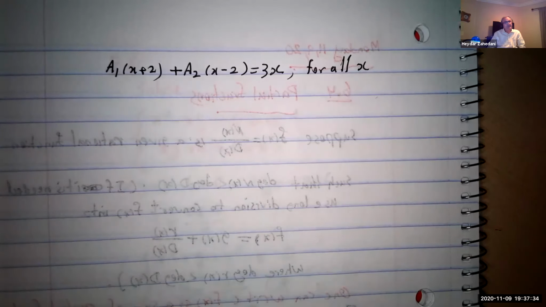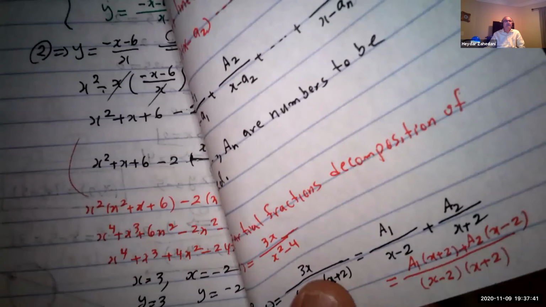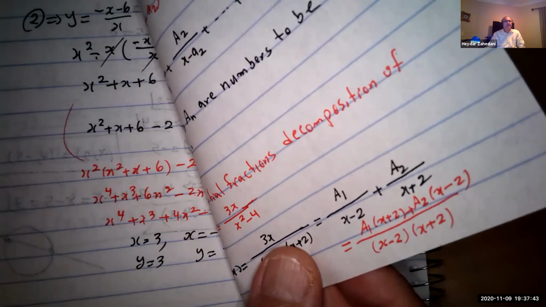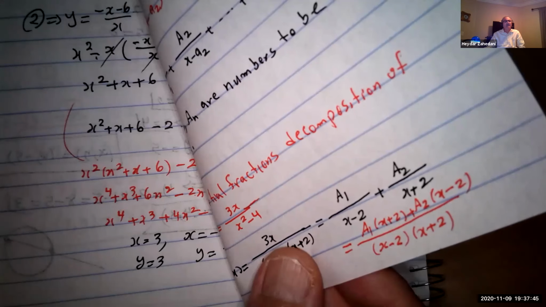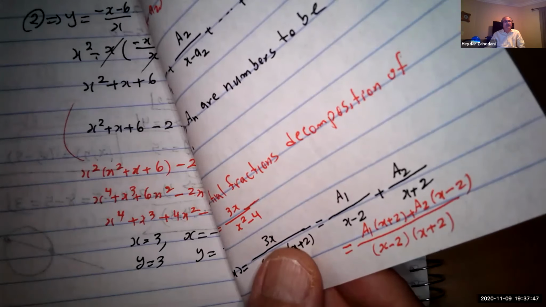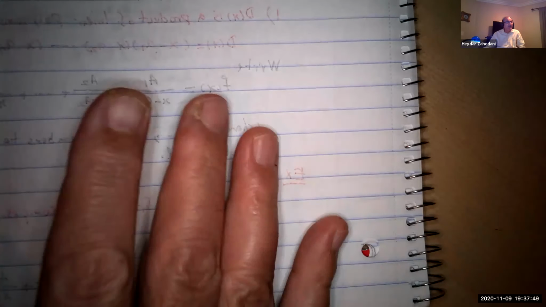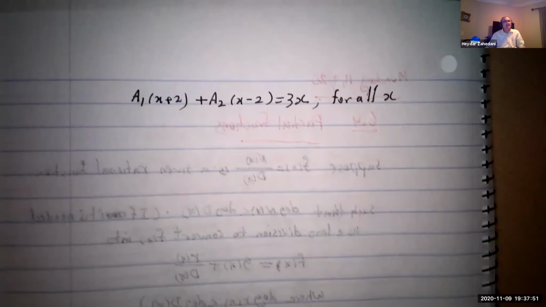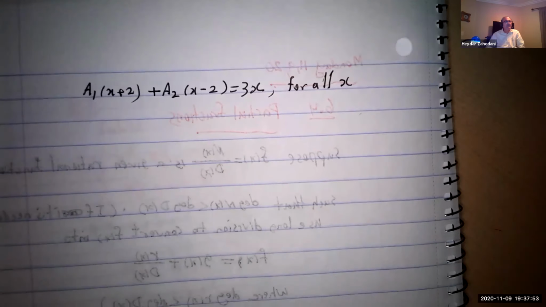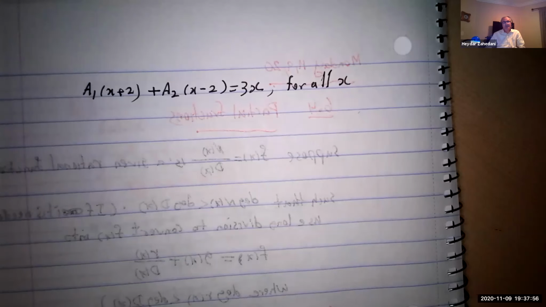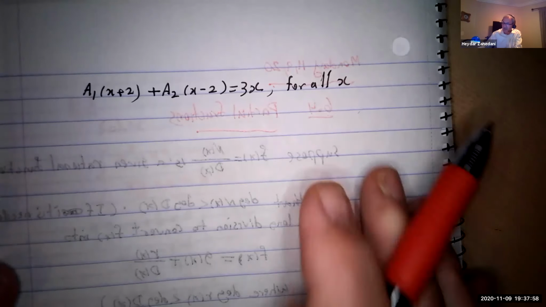So negative 2 and positive 2 are the best numbers, and these come from the denominator: x minus 2 is 0 at 2, and x plus 2 is 0 at negative 2. Of course, you can use any number you like, but with other numbers you have to solve a system of two equations, two variables. So pick the zeros of the denominator. So I pick x equal to 2.